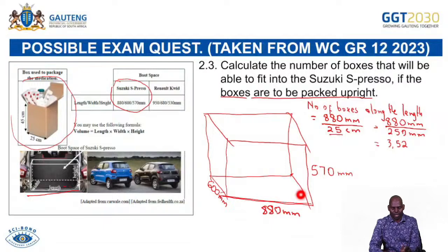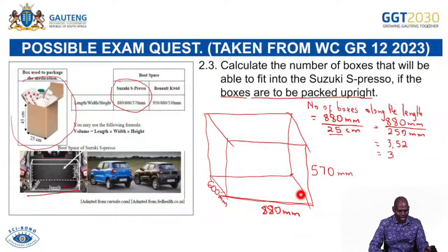But we are not rounding off in packaging; we're always rounding down. So the answer in this case will be 3. If we said 4, the fourth one would not have enough space to fit there. That is why we're always rounding down. So the number of boxes along the length is going to be 3.